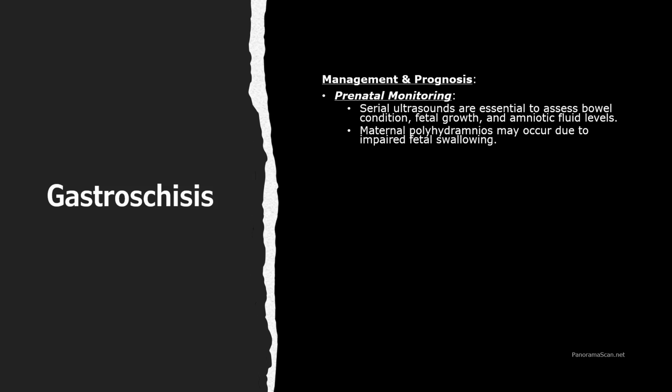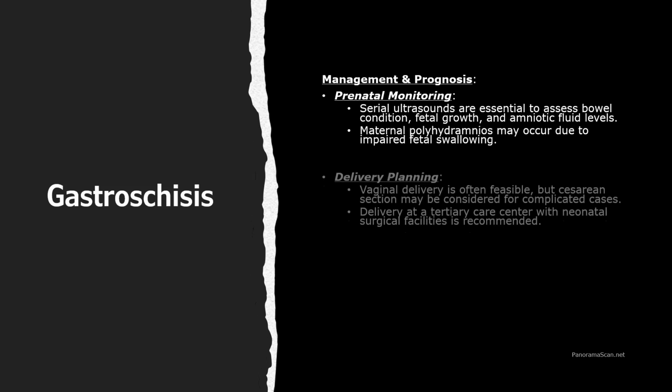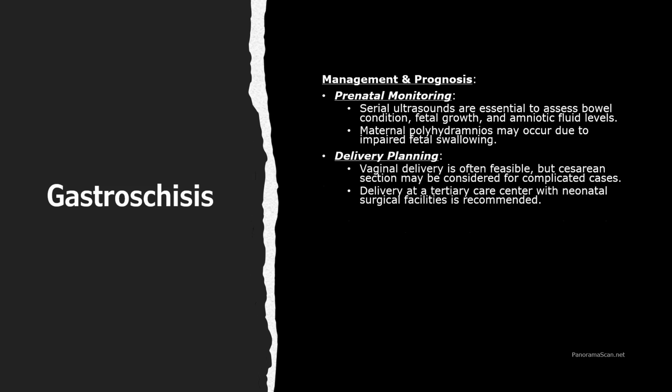Maternal polyhydramnios, which may occur as an excess of amniotic fluid due to impaired swallowing. Delivery planning. In most cases, a vaginal delivery may be possible. However, in more complicated cases, a cesarean section may be recommended. It is crucial for delivery to occur at a tertiary center with neonatal surgical capabilities to ensure immediate care.